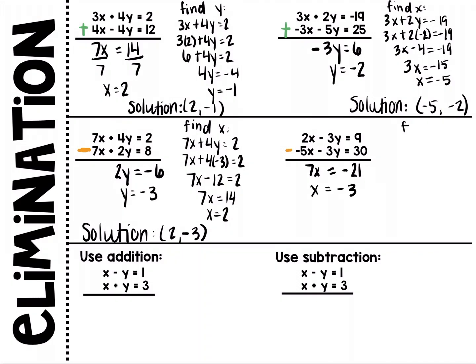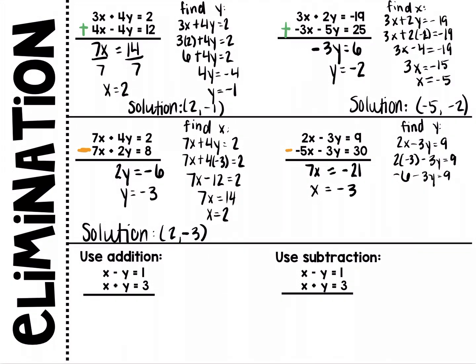So then the next thing we have to do is find y. So we're going to pick one of the equations. I'm going to pick 2x minus 3y equals 9. It doesn't matter which one you pick. So 2 times negative 3 minus 3y equals, not 6, sorry, 9. So negative 6 minus 3y equals 9.